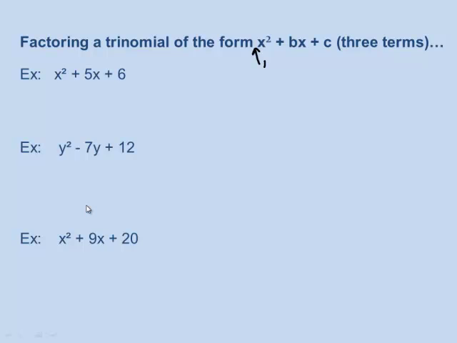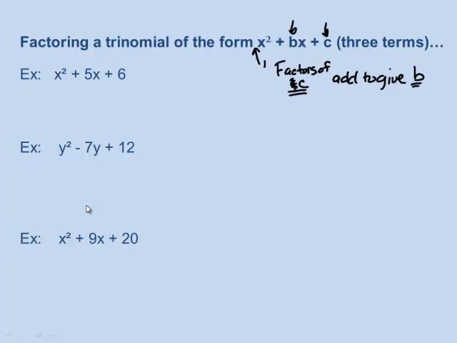In order to factor these easier trinomials, we're going to try to find factors of our last term, which is c, that will add to give you your middle term coefficient, which is represented by the b. And if we can figure out what those factors are, those will be the last terms in our binomial groups.